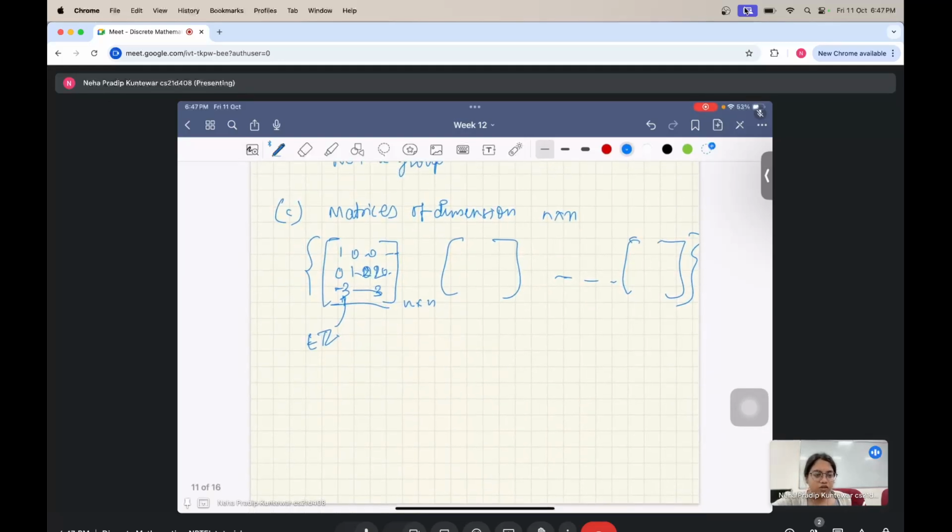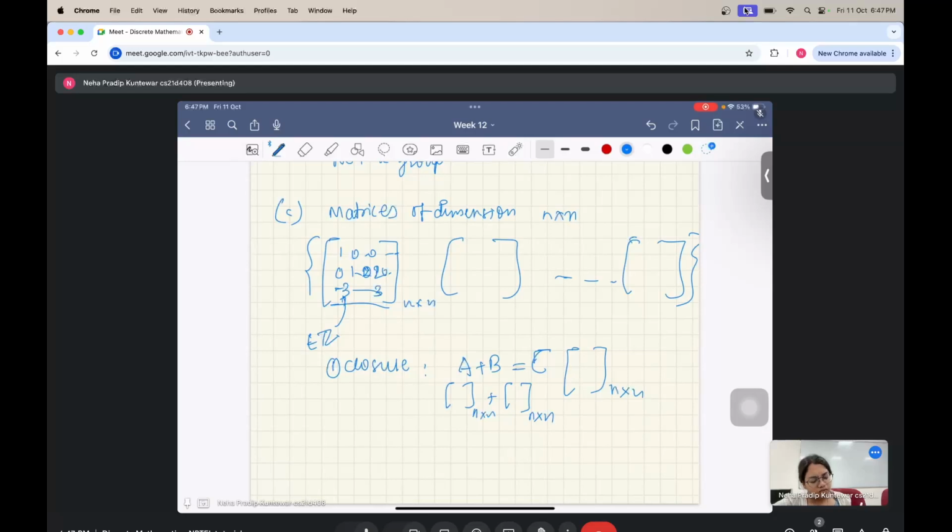Notice that the addition of matrices is a well defined operation. The first question that we'll ask is that of closure. If I add two matrices, I get back another matrix C, which is again of n cross n dimensions.